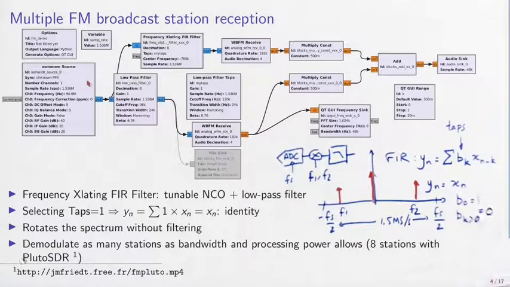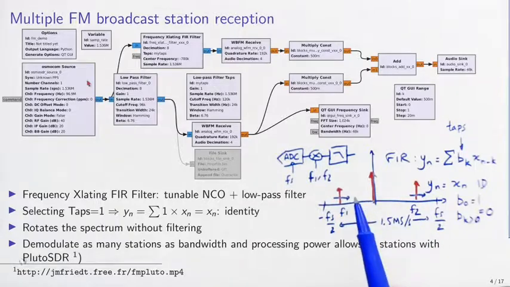And this particular case is the identity, where we have an output equal to the input. And in this case, whatever spectral component was shifted during the spectral transposition will be kept in the output spectrum, and we are just rotating the spectrum along the x-axis.